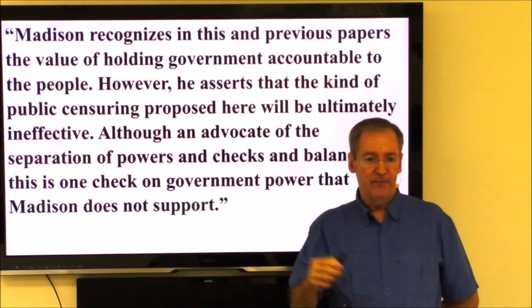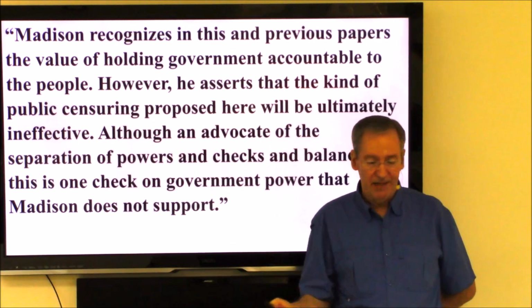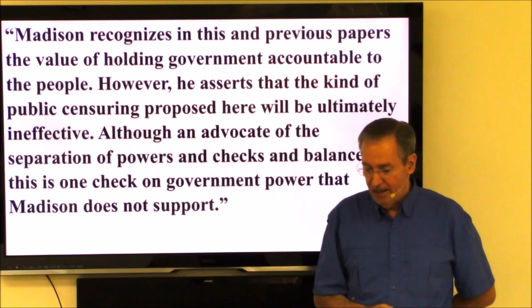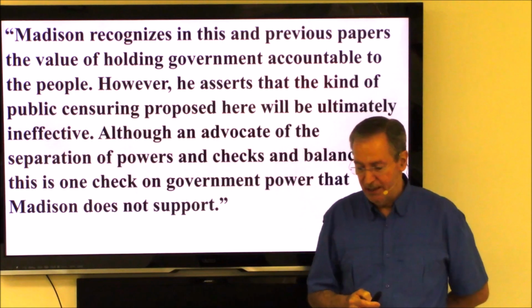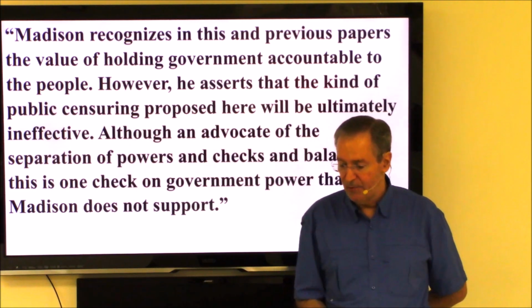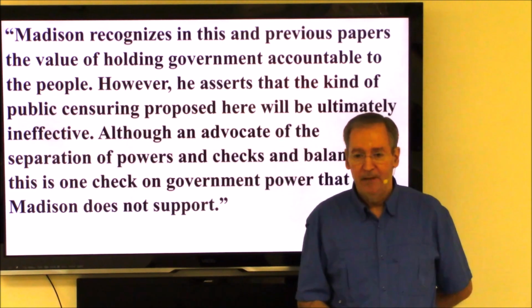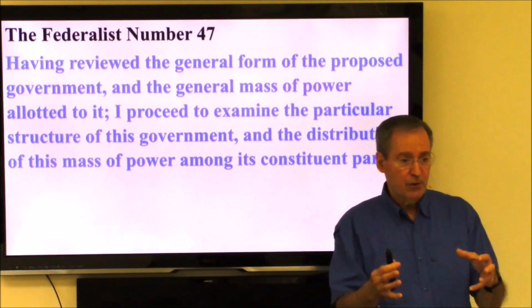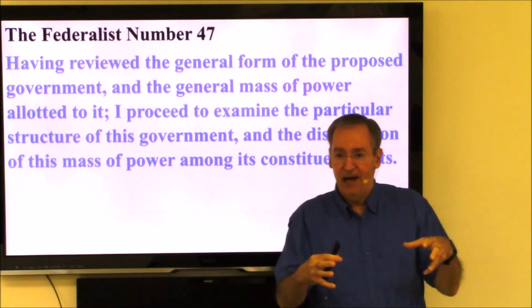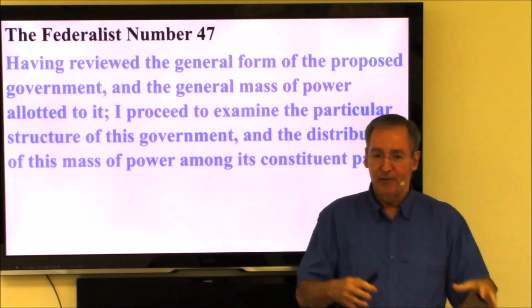In other words, all the people can't voice their opinions all the time and change it in that way. Although an advocate of separation of powers and checks and balances, this is one check on government power that Madison does not support. In other words, of all the people being the balancing portion that creates the separation of powers that keeps them from being too powerful, it's the people.